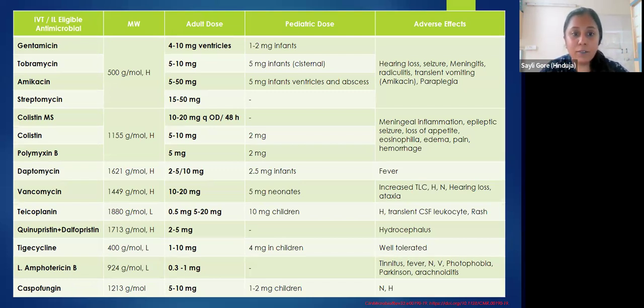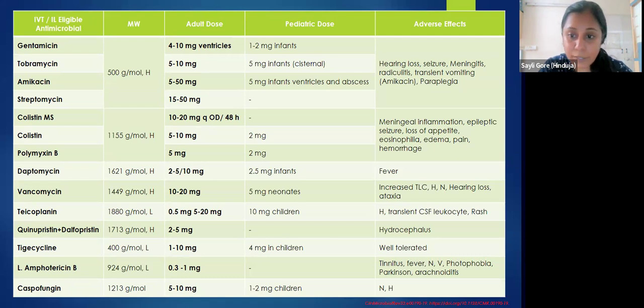I've made this table for a better understanding of the different kinds of antimicrobials studied for intraventricular therapy, along with their doses. Adult and pediatric doses are different.